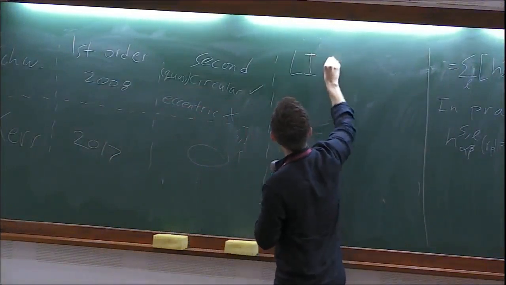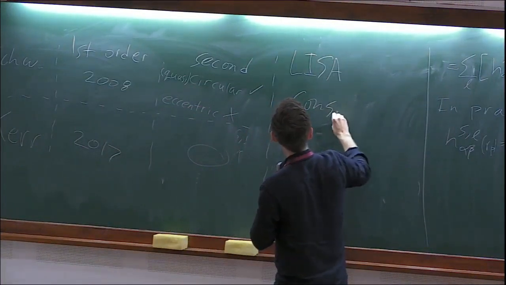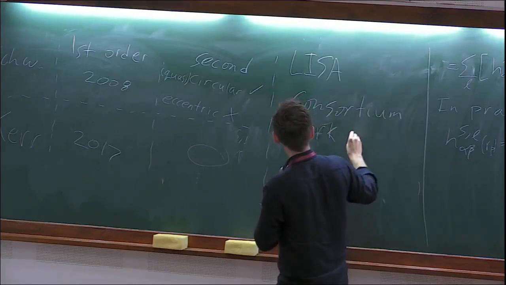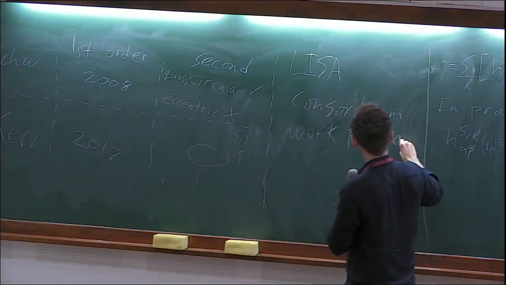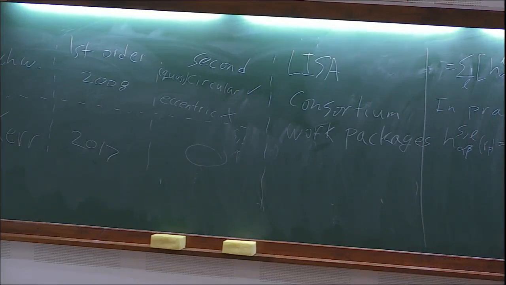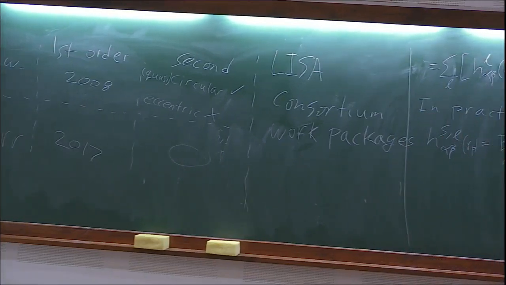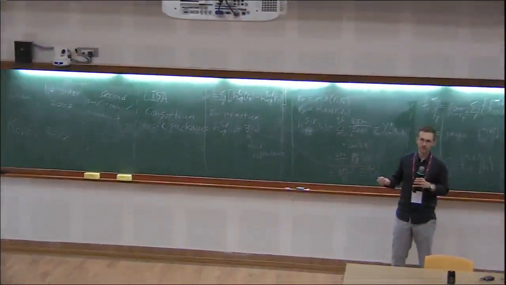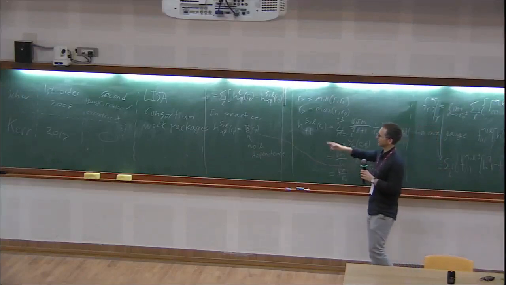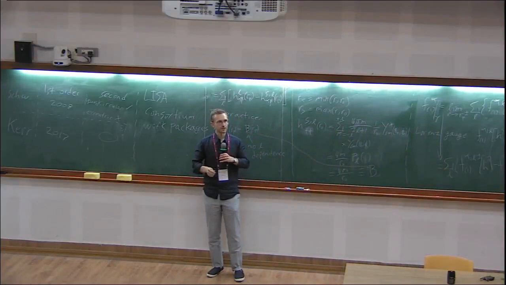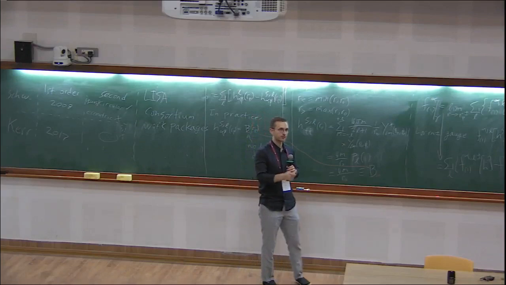So in the LISA consortium, there are these work packages that are determined by what's called the LISA Science Group to be things that need to be done before LISA flies in order to be able to achieve the science goals that we say we're going to achieve in our research grant proposals, and in the proposal that went to ESA to get LISA funded. We said we're going to do certain things. We need to do all the work in these work packages to actually be able to do those things before LISA flies.